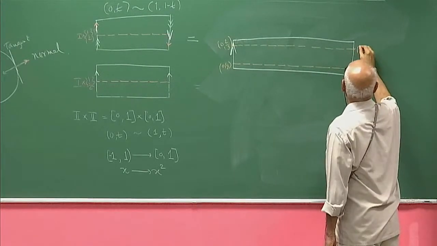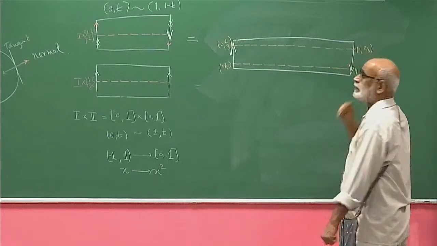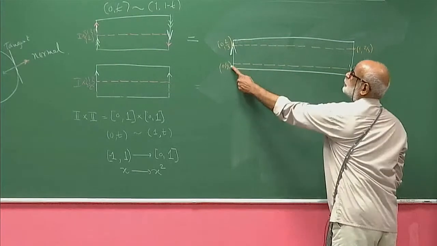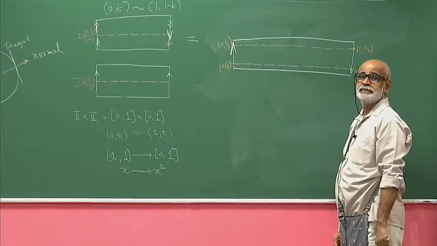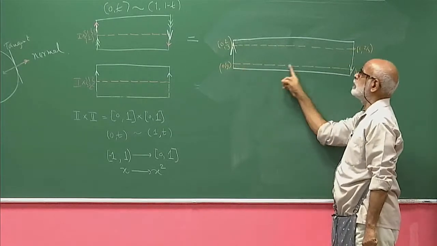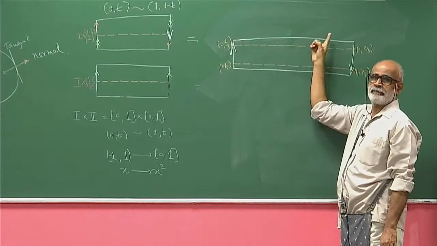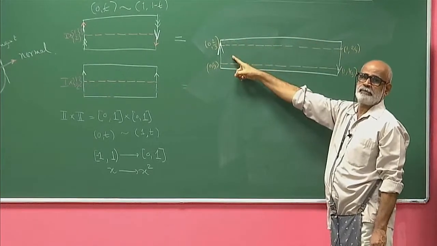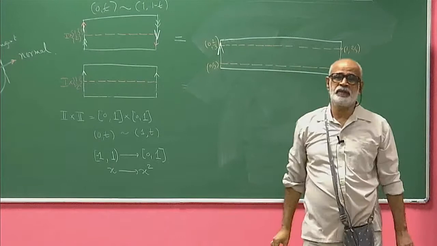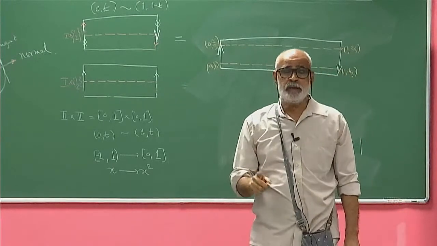This is again (1, 2/3), and that is identified with this point, the starting point. So starting from here, I will be traversing twice the distance to come back here. So now I have completed one single cut on the Mobius band.